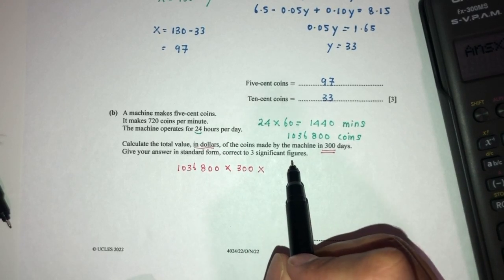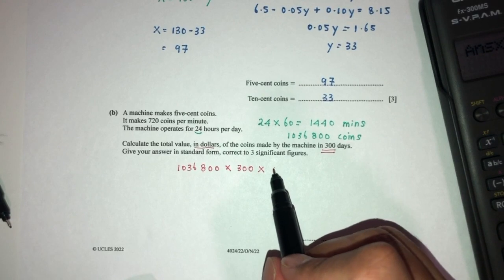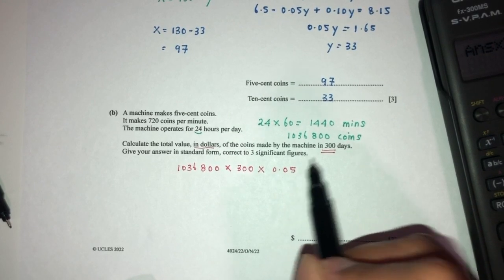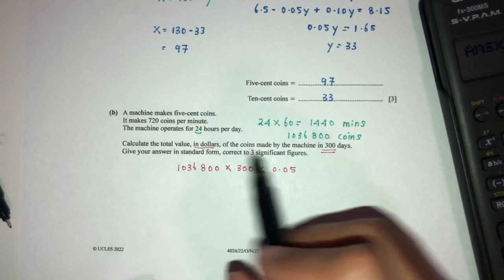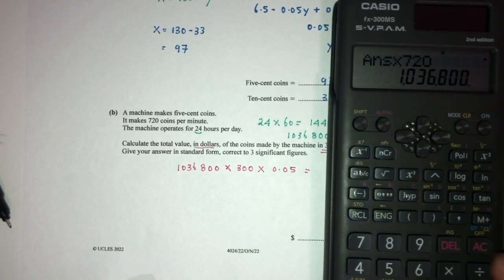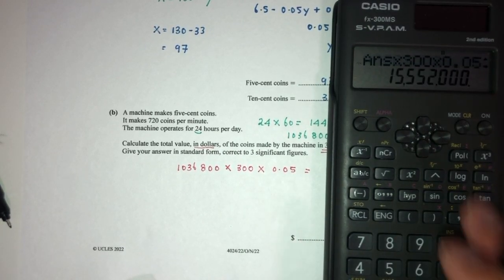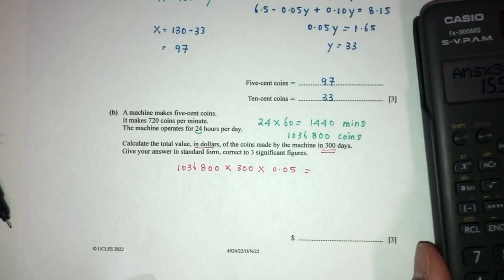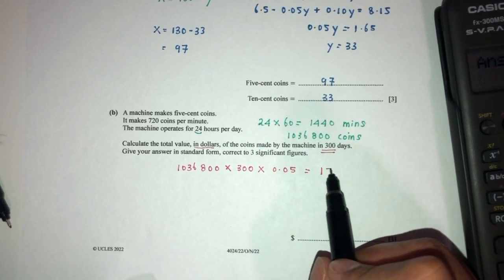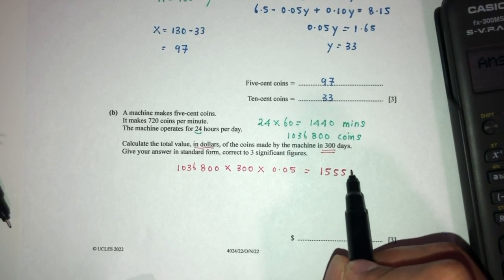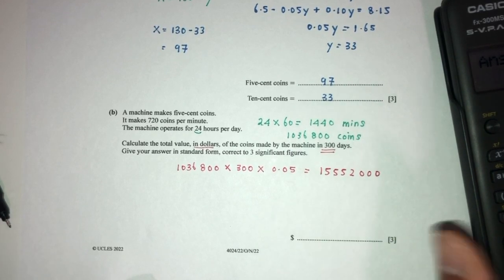And for the value of 1 coin, it is 5 cents. That will be 0.05. And we have to multiply and see what's up. So answer times 300 times 0.05. That will be 15,552,000.